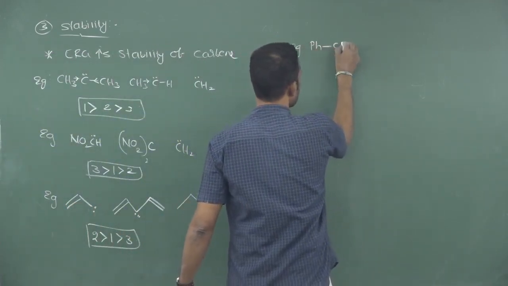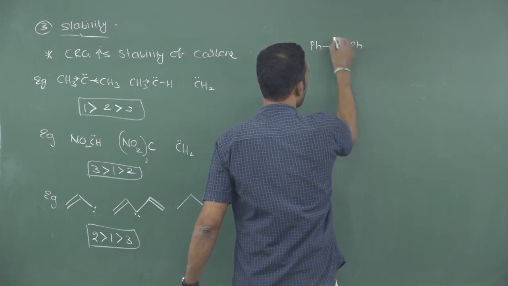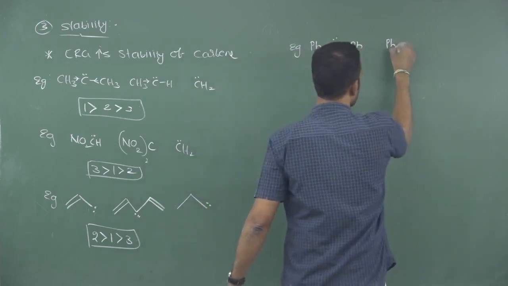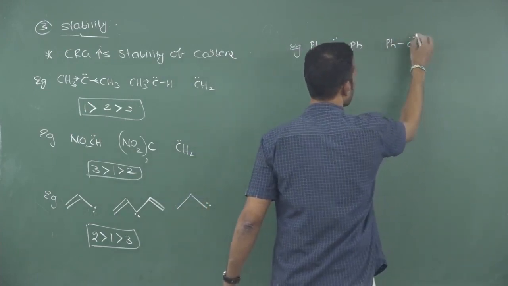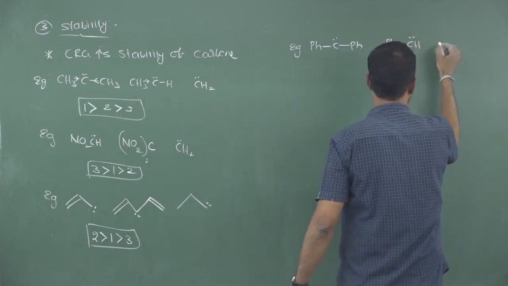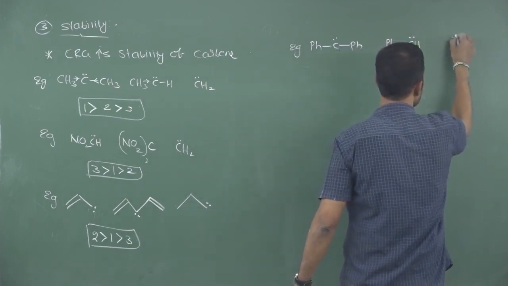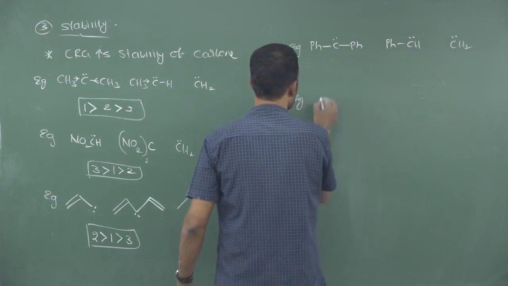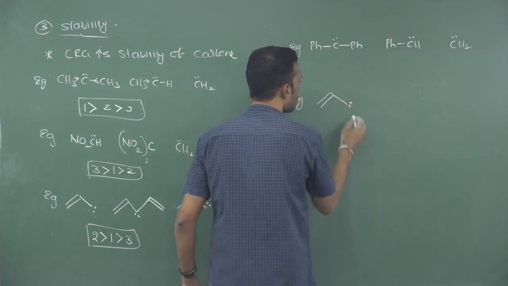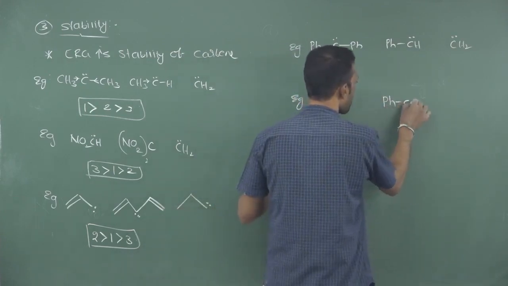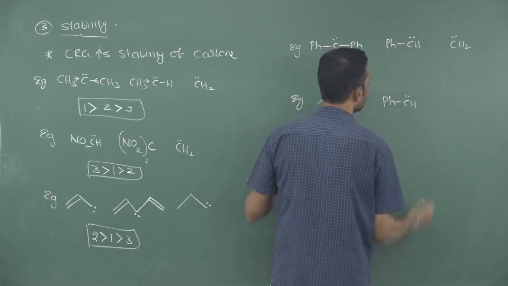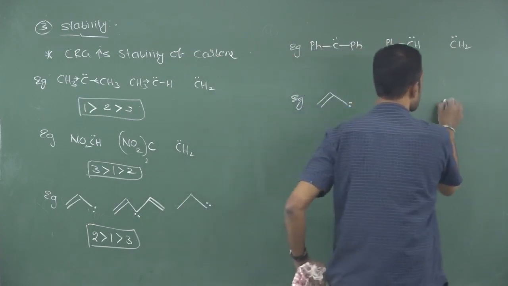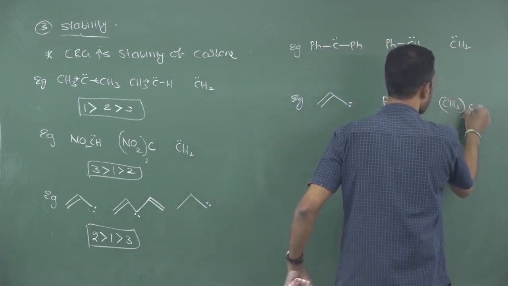So can I write like this? Benzene carrying a carbene. Now benzene carrying only one carbon and one hydrogen. Then I write CH2 this one. Say the order of stability. Now this is carbene, this is carbene, this is carbene.